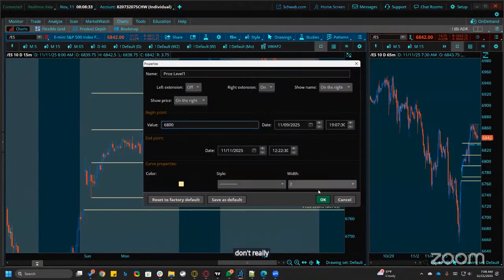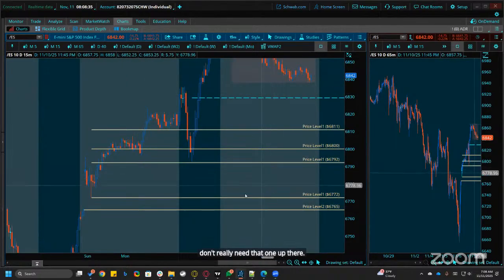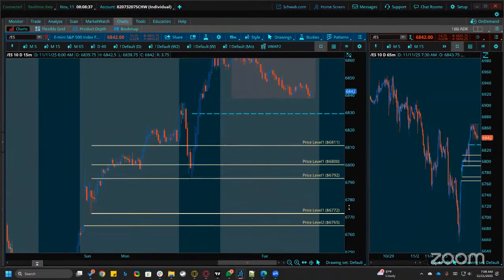Don't really need that one up there. So nice. It's not perfectly evenly spaced, but it's good enough. Run it all the way down.